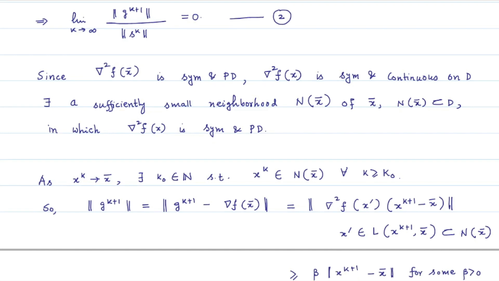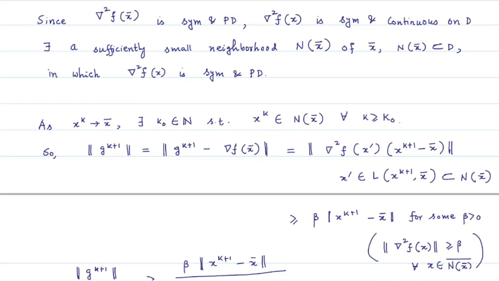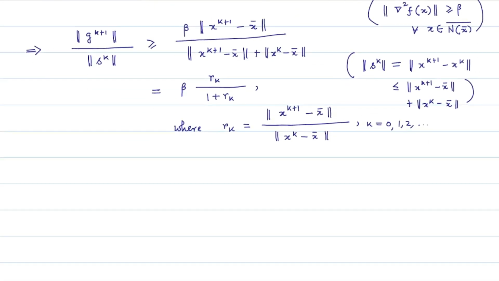We have this ratio norm of gk plus 1 divided by norm of sk tends to 0, and hence here we will have rk divided by 1 plus rk tends to 0 as k tends to infinity. So we have the sequence rk divided by 1 plus rk is greater than or equal to 0 by the definition of rk.